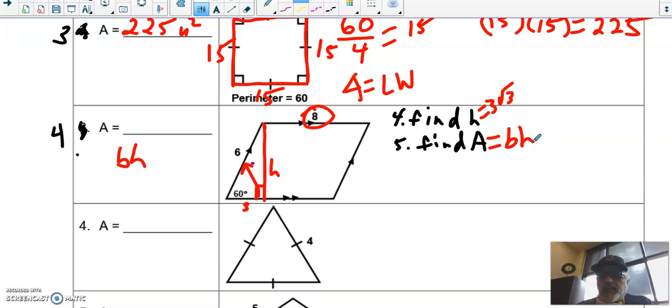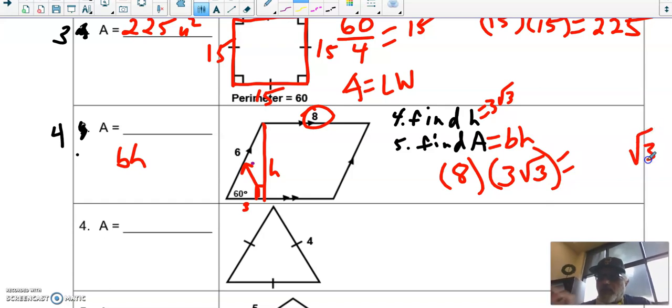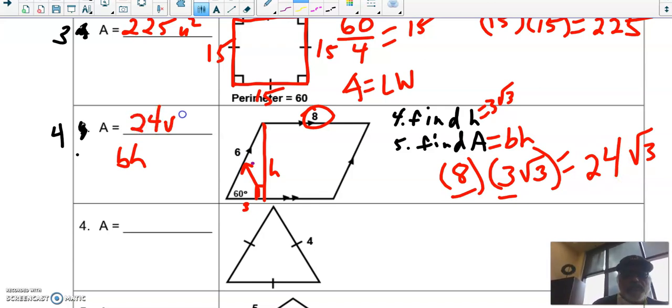My base is 8. So on this one, I'm going to do 8 times 3 square root of 3. Now square root of 3, I'm going to leave that alone. That's part of the answer. So the only thing I have to do is 8 times 3, and that is 24. So my area is going to be 24 square root of 3 units squared.